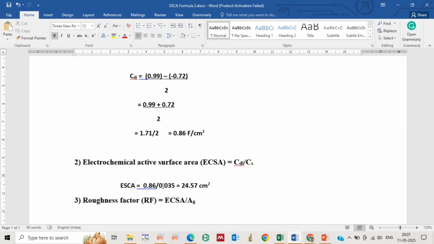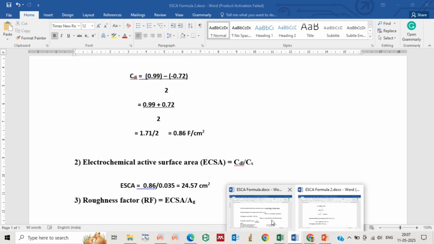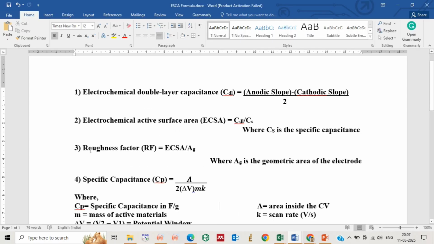So I took it directly and divided the double layer capacitance value, and I have got the electrochemically active surface area, that is 24.57 centimeter square.